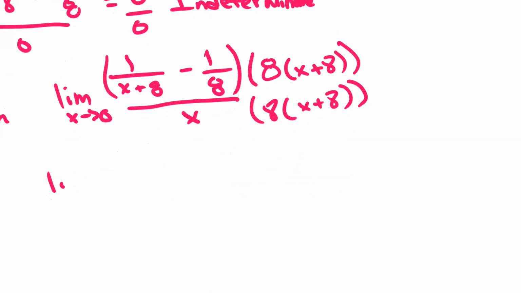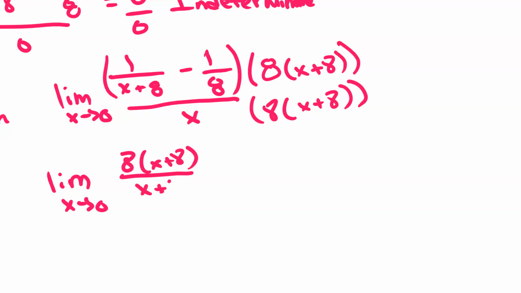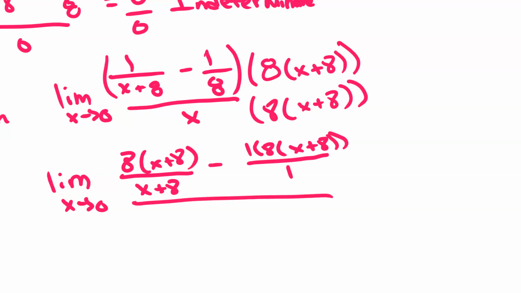Alright, so now for some tedium, let's distribute those. 8 times x plus 8 over x plus 8 minus 1 times 8 x plus 8 over 1, over x times, oops.